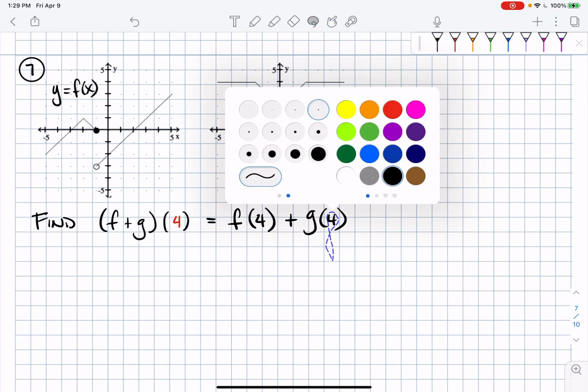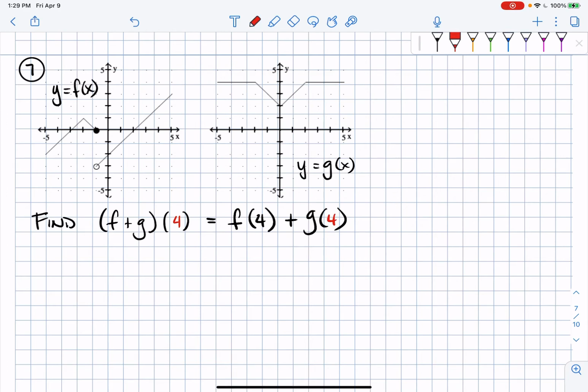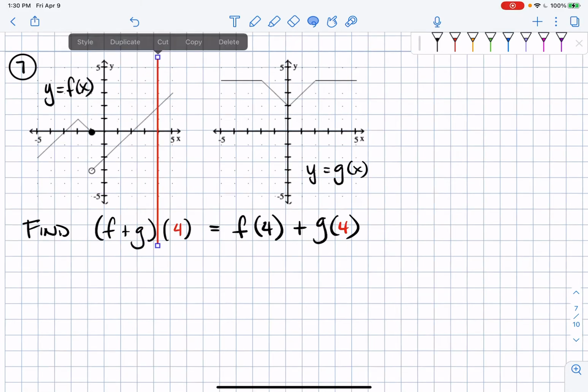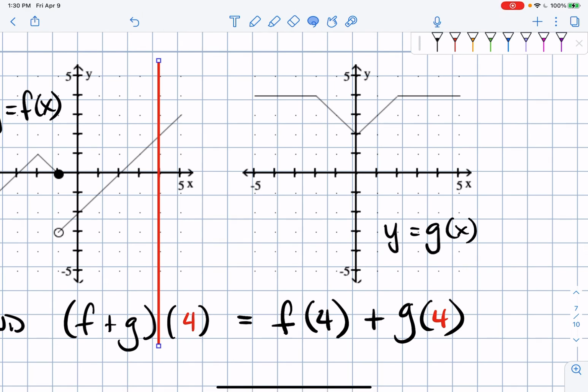Made that one tight. Okay, so the reason why I want to make those 4 is because my x value is 4. So if you look at this, here is x is equal to 0, x equals 1, x equals 2, x equals 3, x equals 4, right? So at x equals 4, where does it hit? Right there, right? So what is my y value at that point?